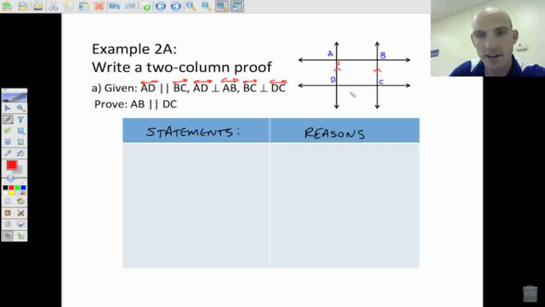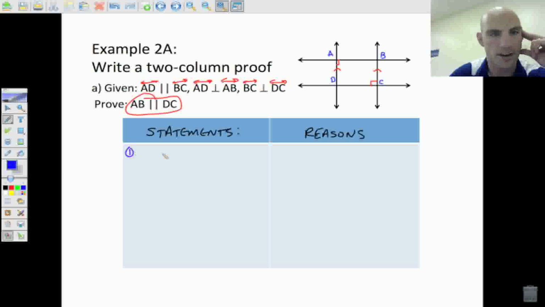So BC is perpendicular to DC, so I mark this here, okay? They're intersecting at a 90-degree angle, okay? And what we want to prove is that AB is parallel to DC. Well, let's even figure out if this is even logical. These are parallel, like railroad tracks. And so I have these two lines here that I'm going to try to say, hey, those are parallel. It makes sense. So let's look at this.